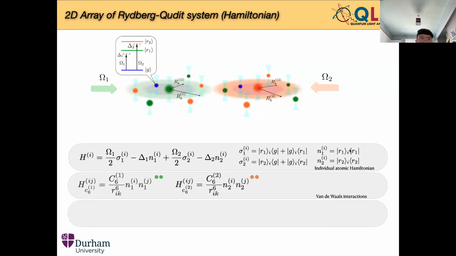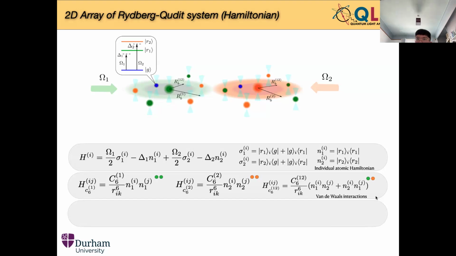And van der Waals interaction: because in this example we have two Rydberg states R1 and R2, we get an R1 interaction and an R2 interaction scaling with C61 and C62 respectively. Don't forget this is divided by R to the 6, at the interatomic distance between atoms i and j. Because orange and green can have an interstate interaction as well, this interaction is unnecessary.